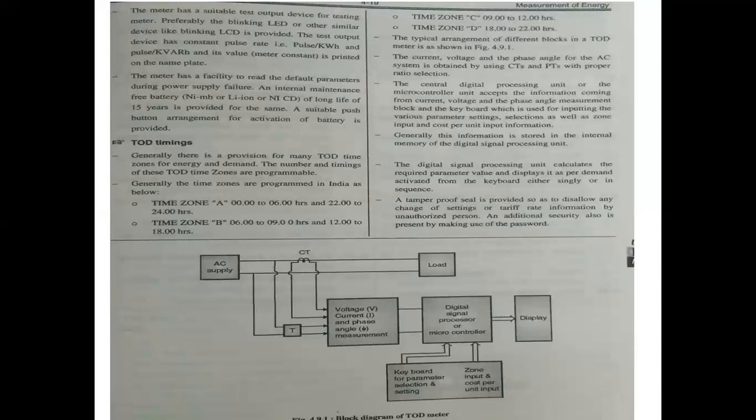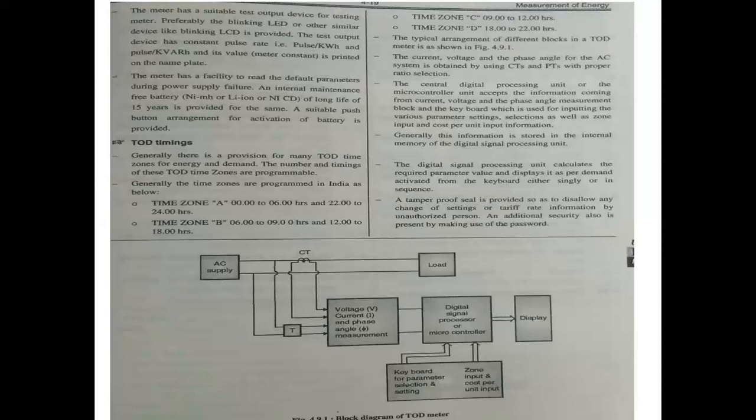TOD timing, meaning time of day meter timing. Generally, there is a provision for many TOD time zones for energy and demand. The number of TOD time zones is programmable. This program is already fitted in the meter.